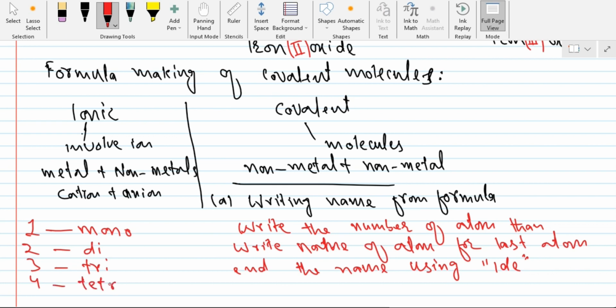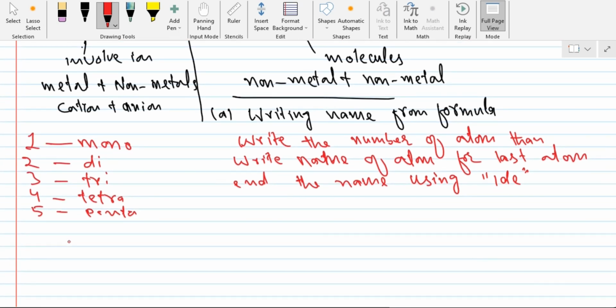For 5 we say penta. For 6 we say hexa. For 7 hepta, 8 octa, and so on. Okay, you must memorize these numbers.